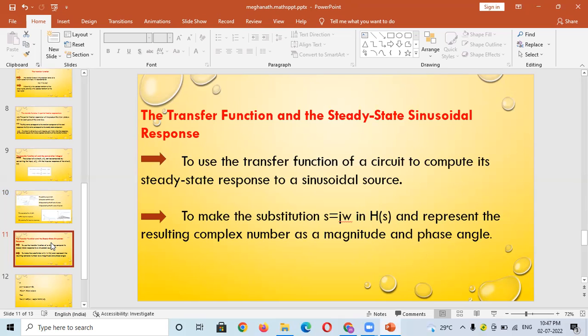To use the transfer function of a circuit to compute its steady state response to a sinusoidal source, make the substitution s = jω in H(s) and represent the resulting complex number as a magnitude and phase angle.